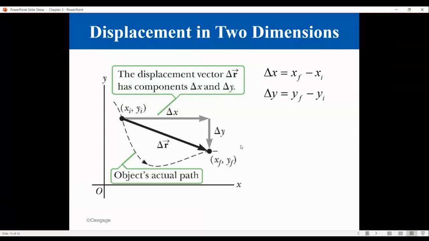We have delta R. We split it into two components. Let's assume it is a total distance of 5 meters. We are saying change in X would move 3 in the horizontal and 2 in the vertical, downwards. Then you vectorially sum it and you get that vector sum. But the actual path is a path of curvature there.